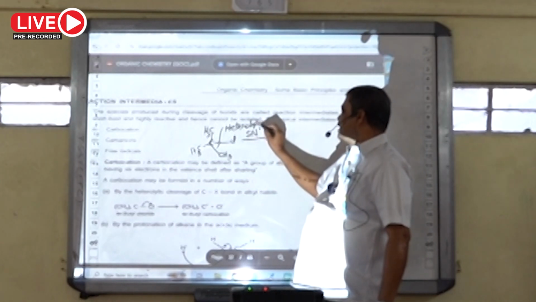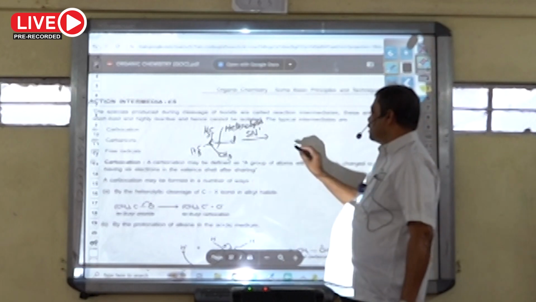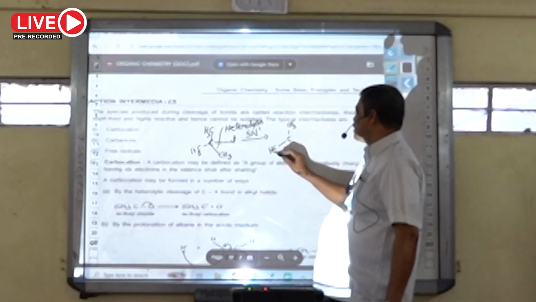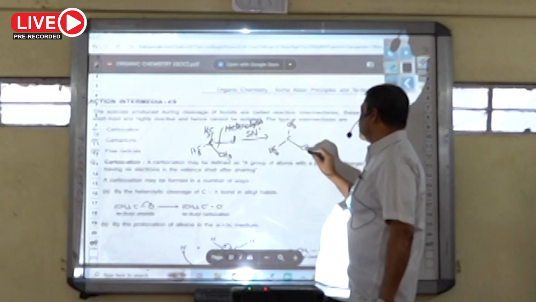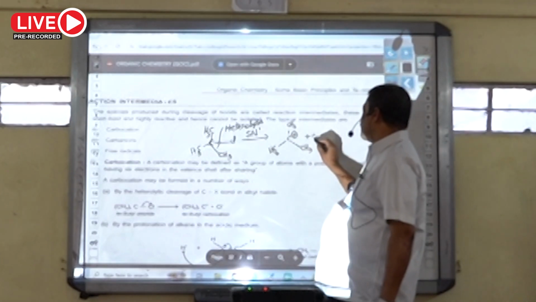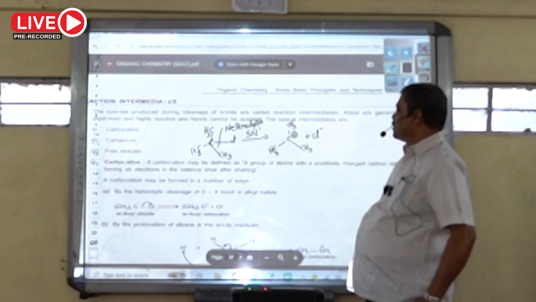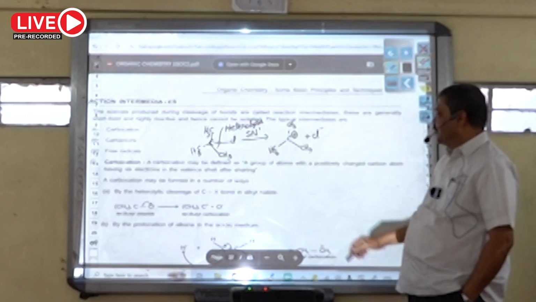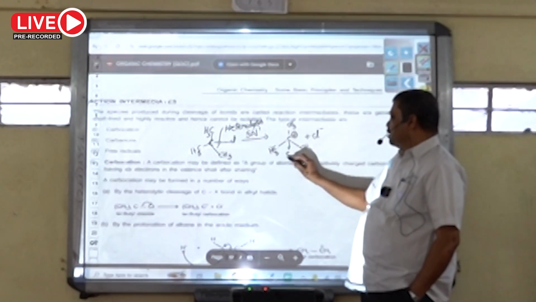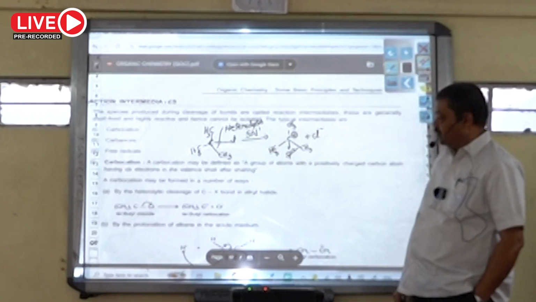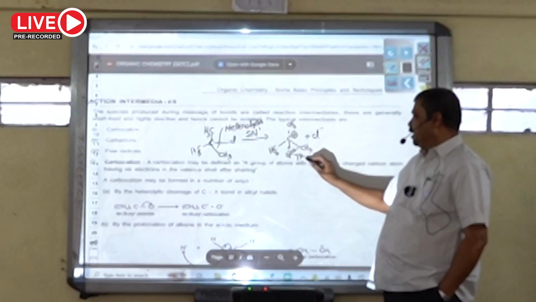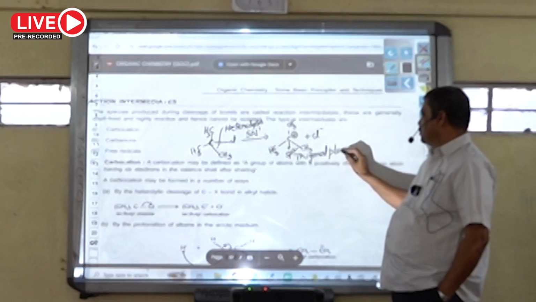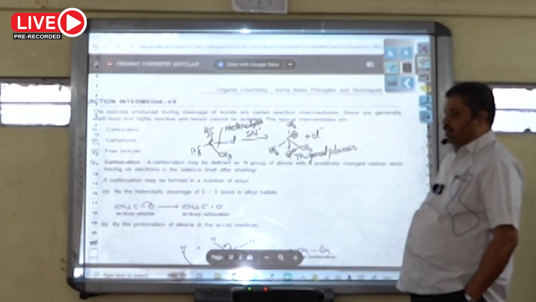Then the carbon will get positive charge plus Cl minus. This is how carbocations are generated. Carbon in a carbocation is sp2 hybridized and it is trigonal planar in shape.